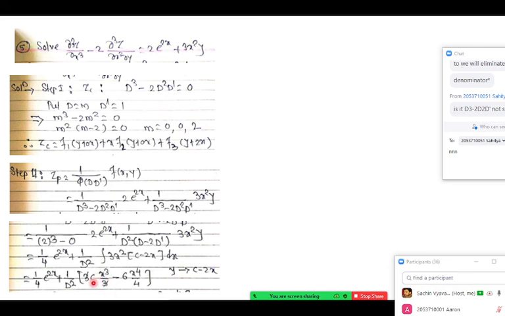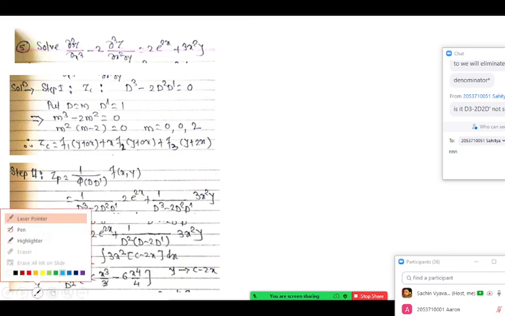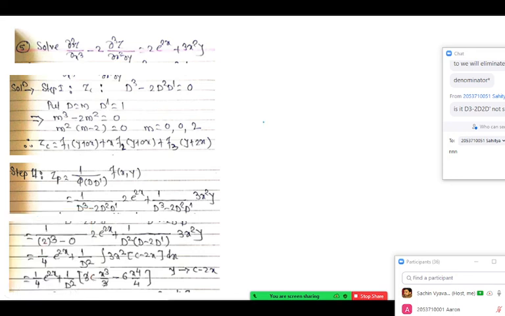Before treating, we should replace the value of c here only, because the next factor is 1 upon D, and that is a different factor than D minus 2D dash. Previously, for the factor D minus 2D dash, we replaced y by c minus 2x.